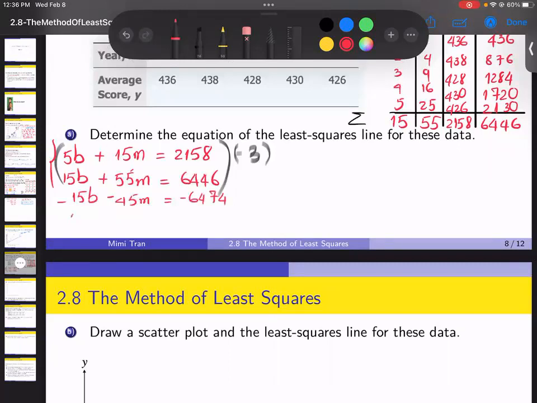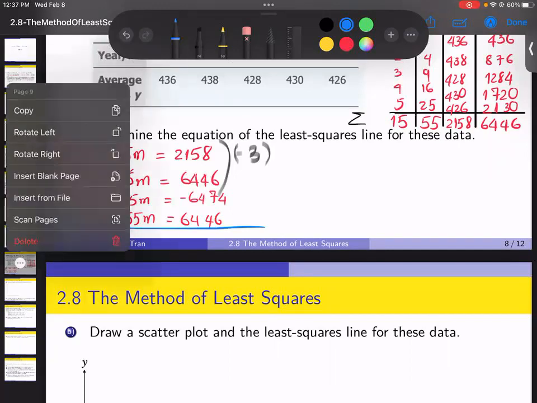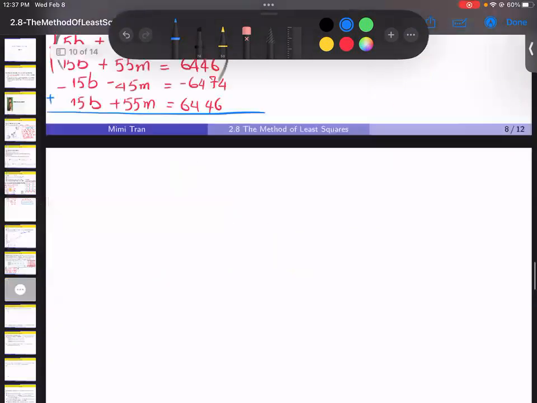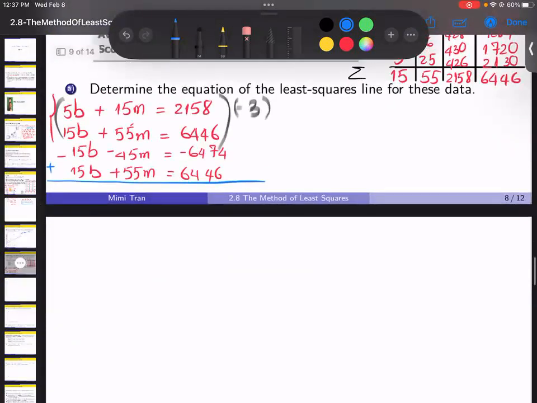And then write out the second one. Then you add. That cancels.